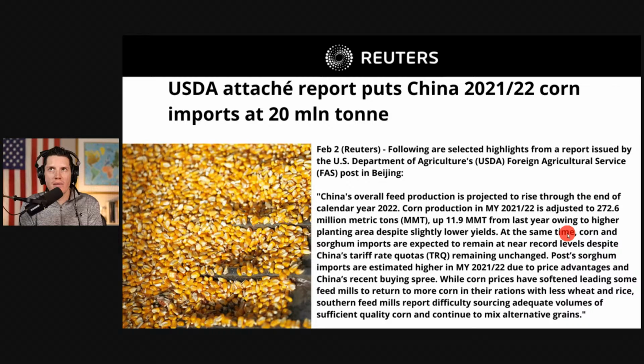You've got to understand, first off, that last year was an absolute anomaly when it comes to China and the import of corn. China imported 29 million metric tons of corn last year, according to USDA. Prior to last year, they had never imported, I don't think, more than 6 or 7 million in any given year. So last year was like this banner year that was totally different than any other year that we've ever seen.